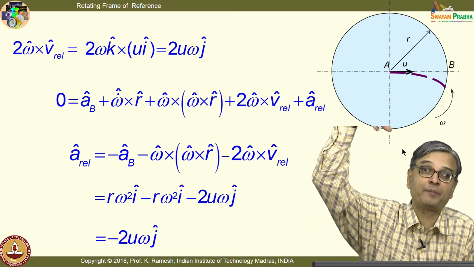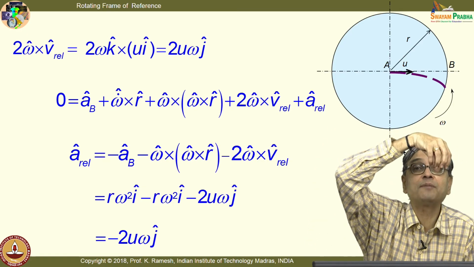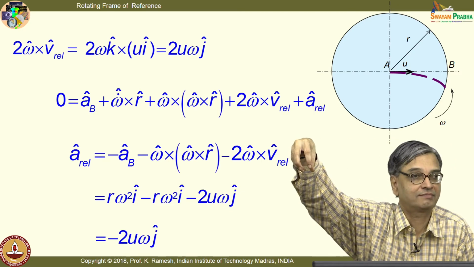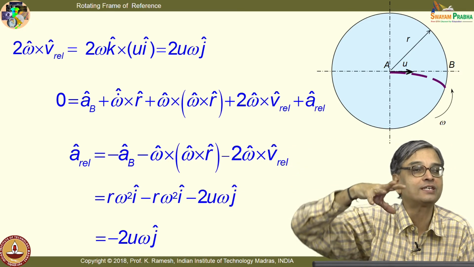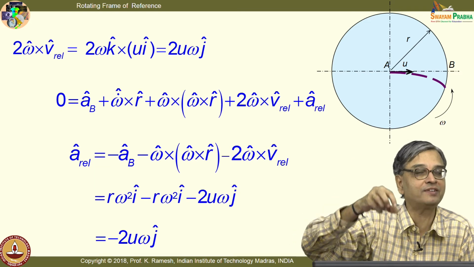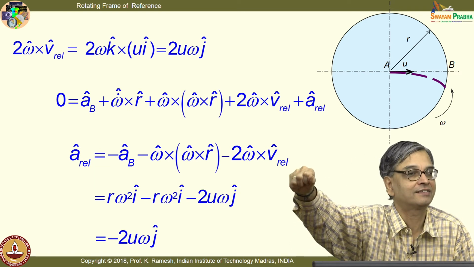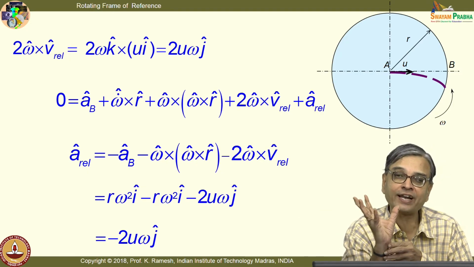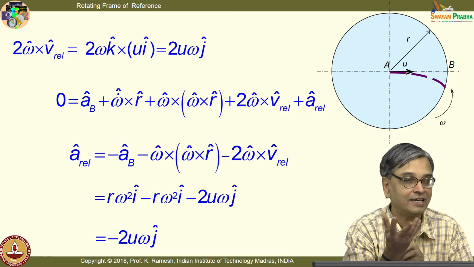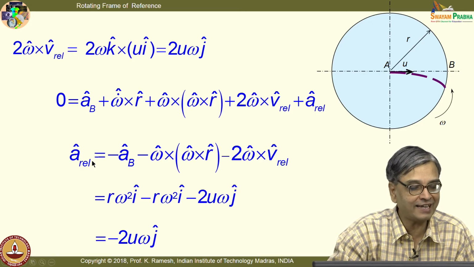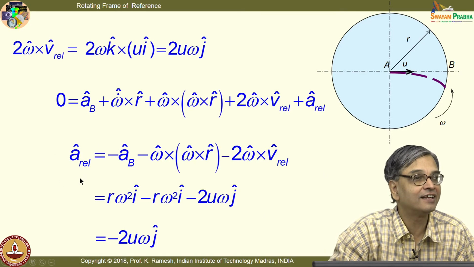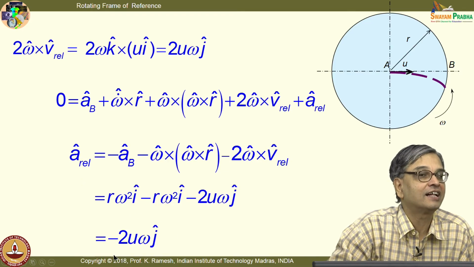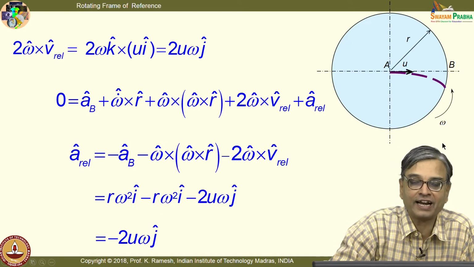Suppose I look from above, I would see the ball as only a straight motion, fine. For an observer who is outside the rotating frame of reference, it will go only in a straight line fashion, it does not deviate. Because the person is sitting on a rotating platform and rotating with it, and we are also explicitly calculating the A rel, I see that this is in a constant acceleration field for the entire length.